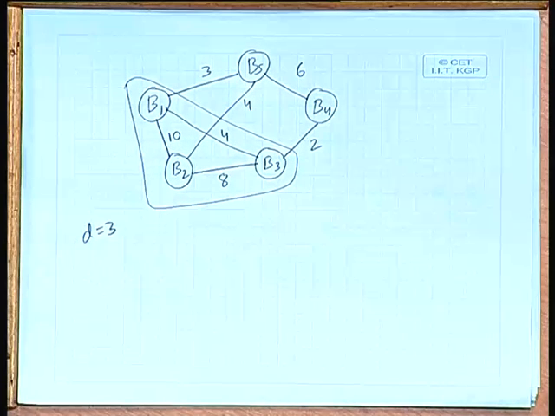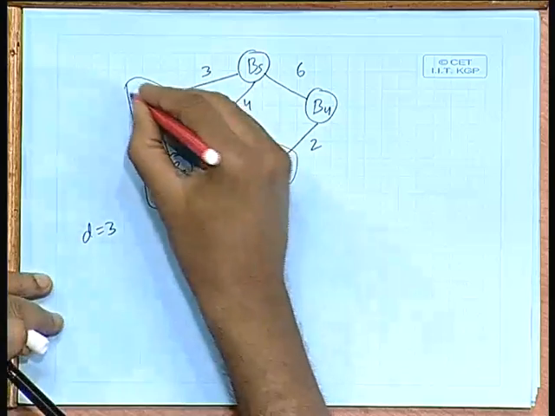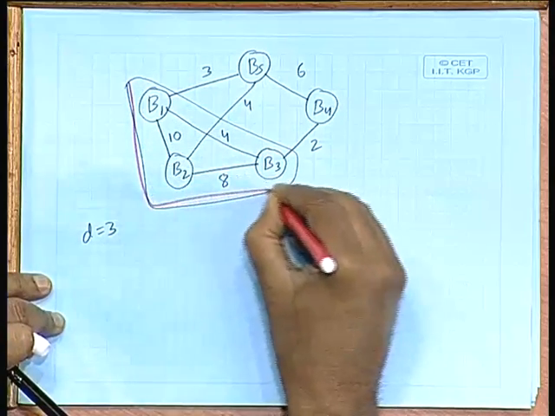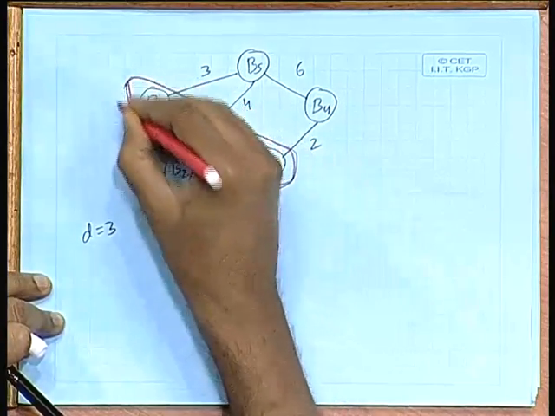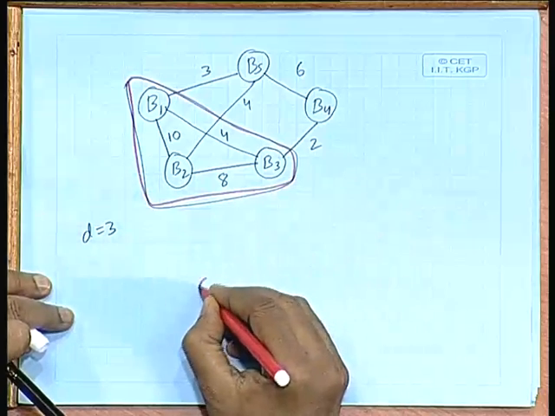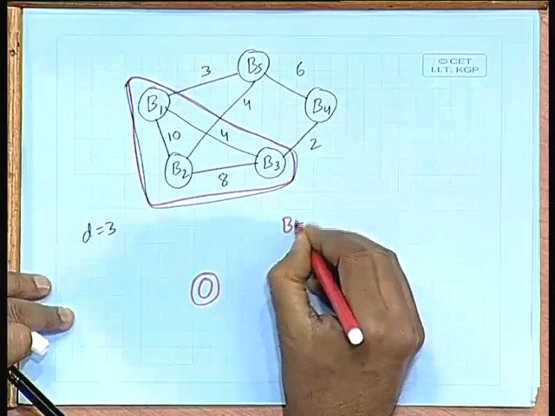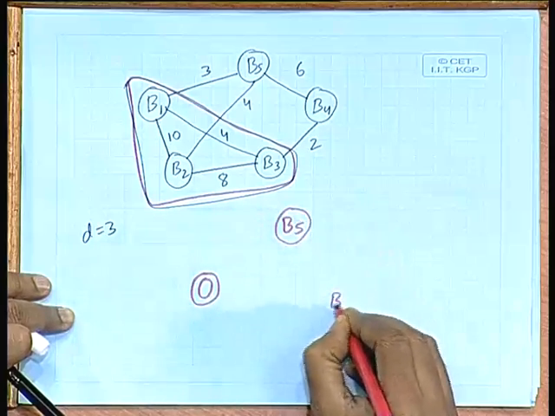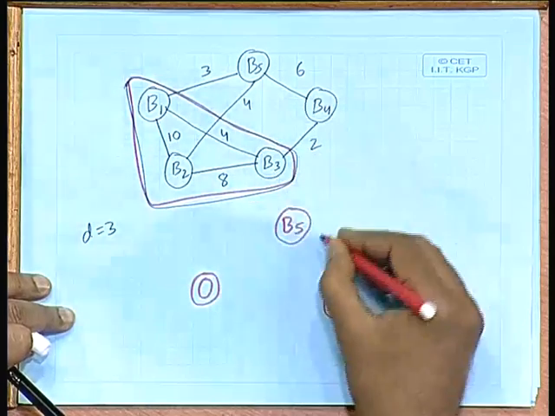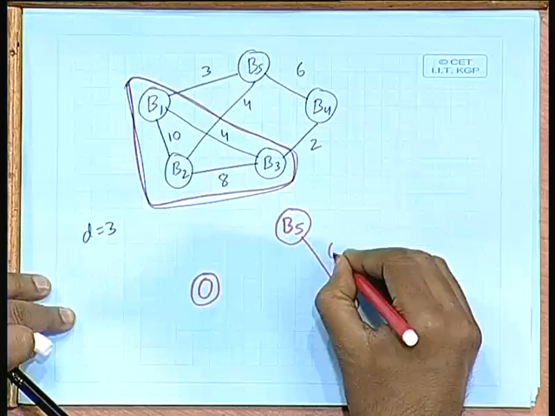So this has now become a super vertex. At the next level this super vertex will be there, and in addition you will be having B5 and B4. B5 and B4 are already connected with an edge of weight 6.